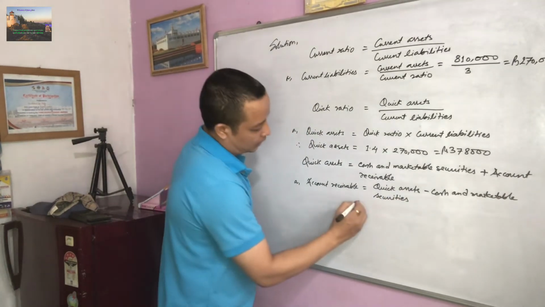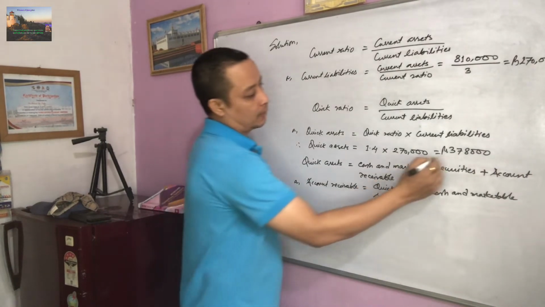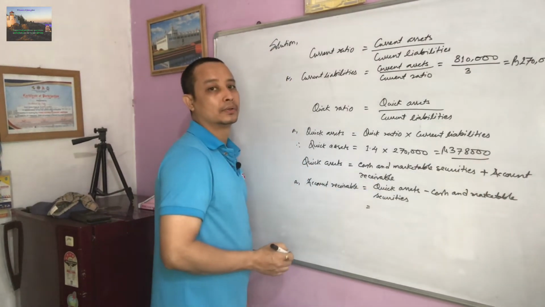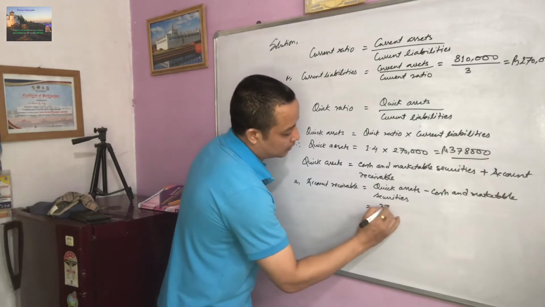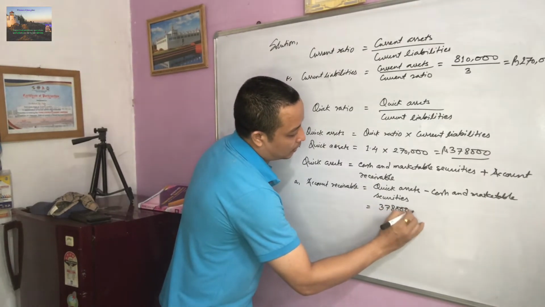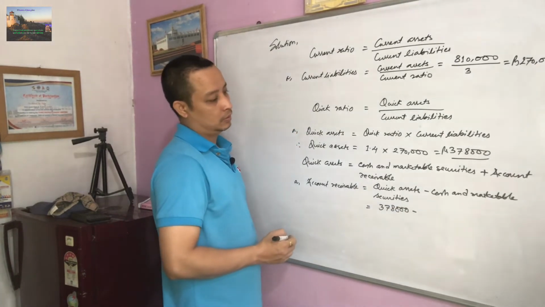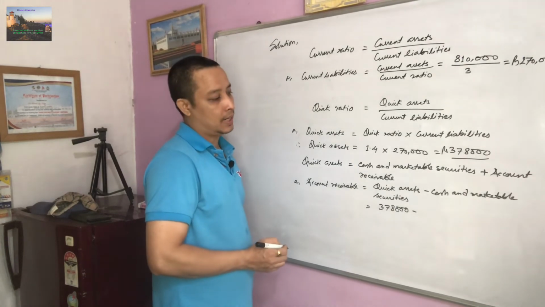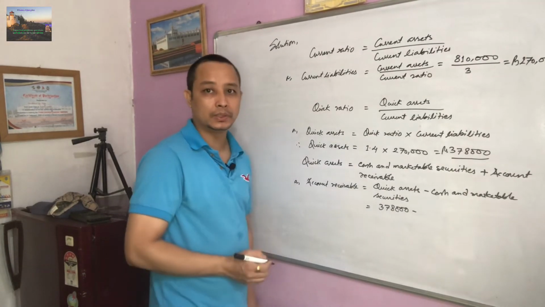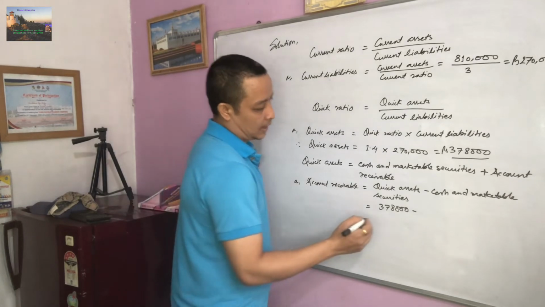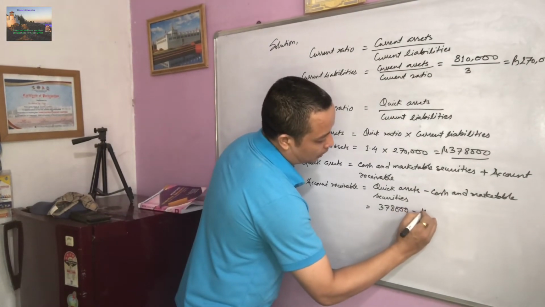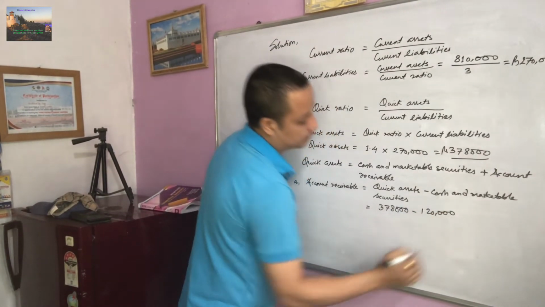Okay, so here you see quick asset you have already found here, 3,78,000, and you have also known the value of cash and marketable security, which is given in your question. So cash and marketable security, it is 1,20,000.